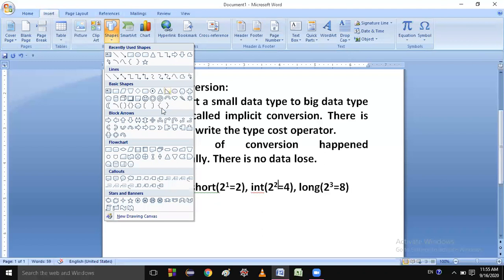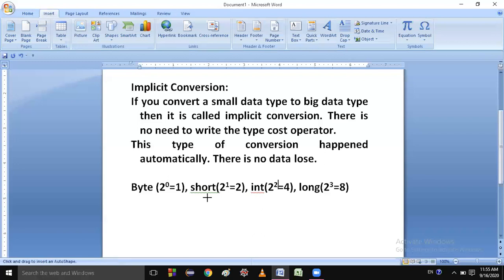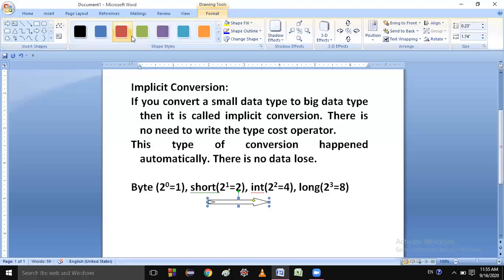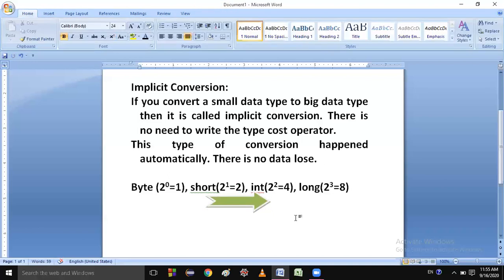If I'm converting this short to int, can I say we are converting from a small data type to a big data type? Yes, sir. Because short stores 2 bytes and integer stores 4 bytes. So it is small and it is greater.